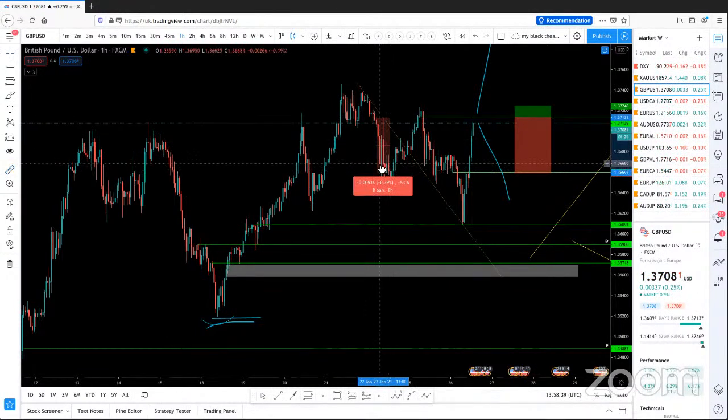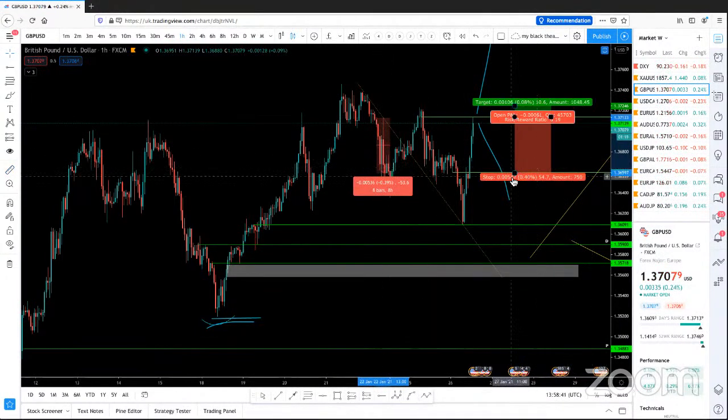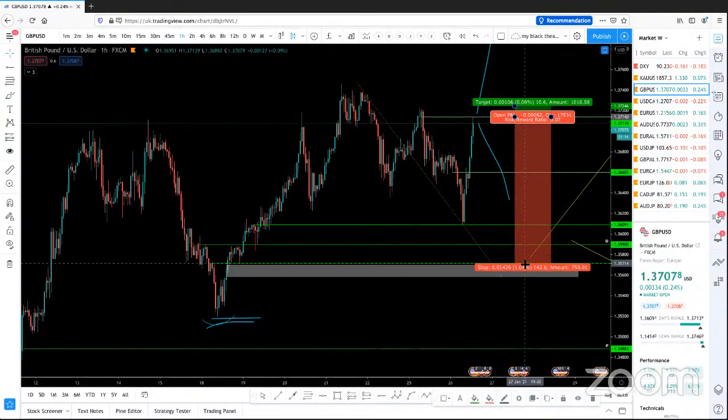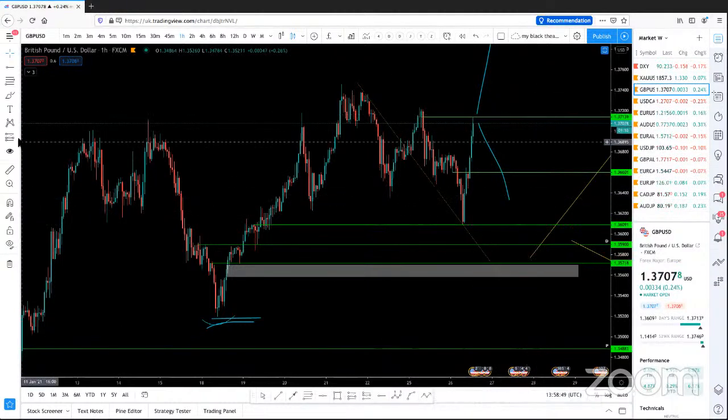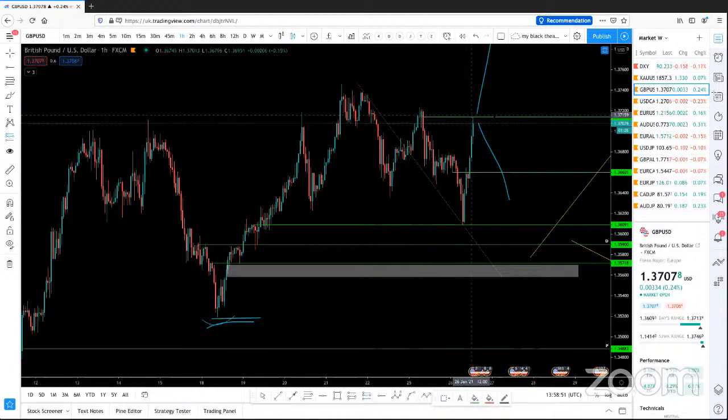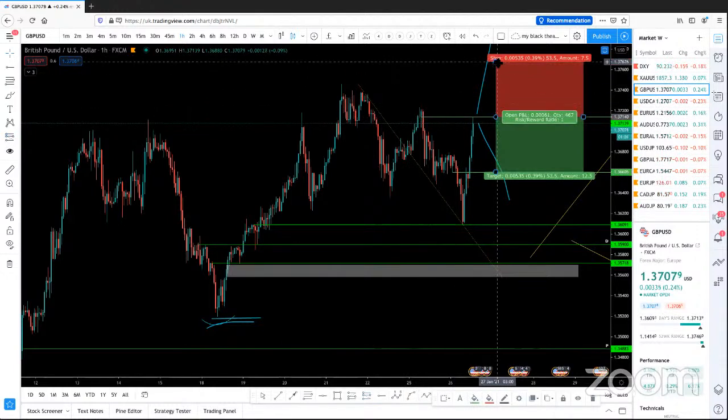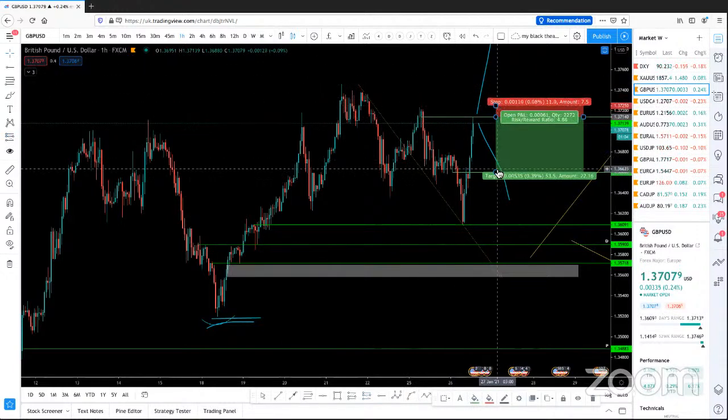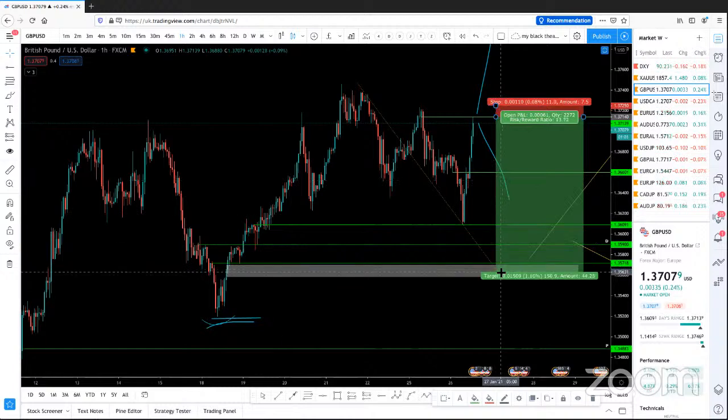52 pips, 53 pips, this as a first target, right? As a second target, oh, sorry, other way around. Okay, go up to here.